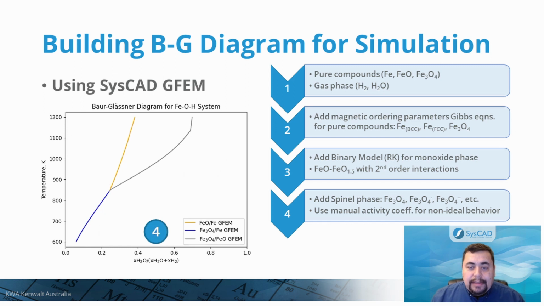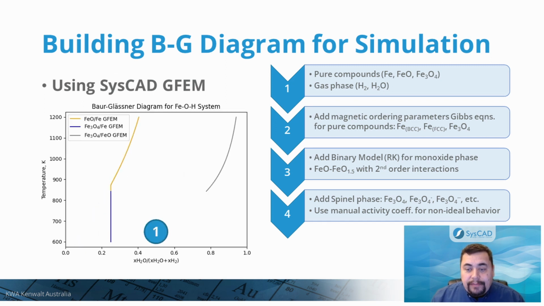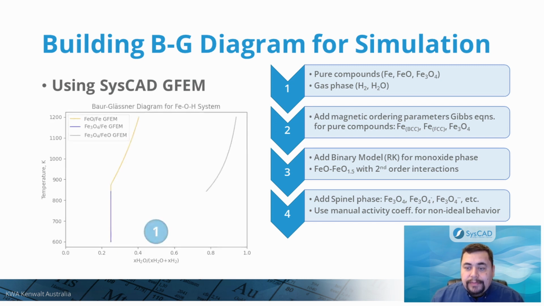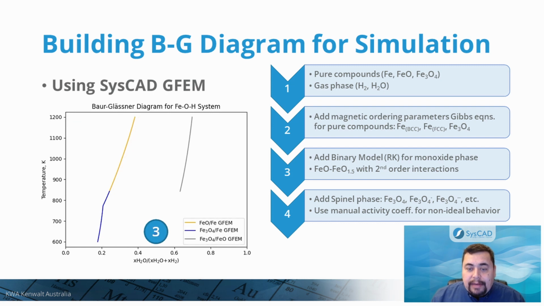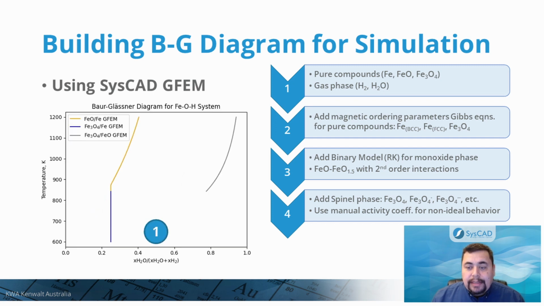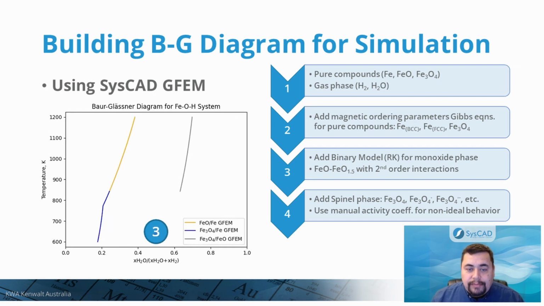So finally, magnetite was converted into a spinel phase with 4 end members. We then manually adjusted the activity coefficients of the spinel phase to fixed values, that is, values that are independent of temperature, to best match the expected results as shown in step 4 of the animation. This final model was then used in the Gibbs Free Energy Minimisation reactor for the shaft furnace in the overall hydrogen steelmaking diagram that I showed before.